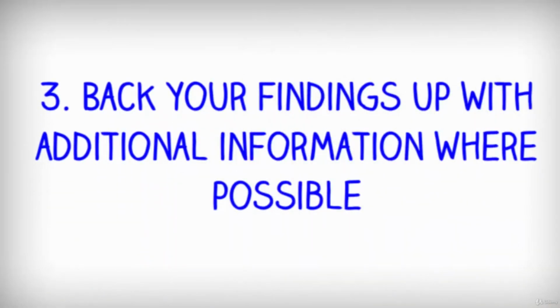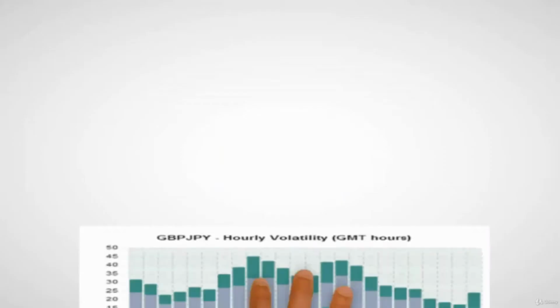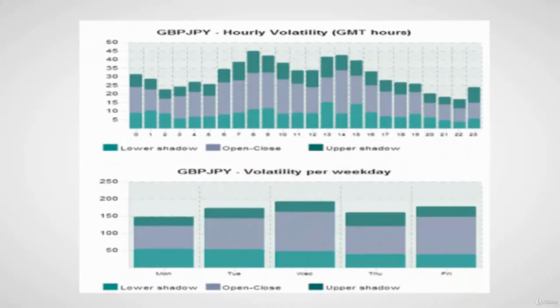Always try to back your findings up with additional information where possible. That additional information can come directly from the Forex market or from your past practical Forex trading experience. The information you see now is detail about the pound-yen hourly volatility during the day.